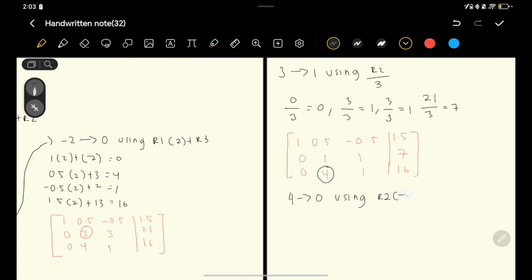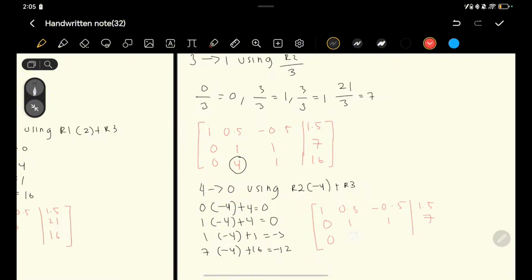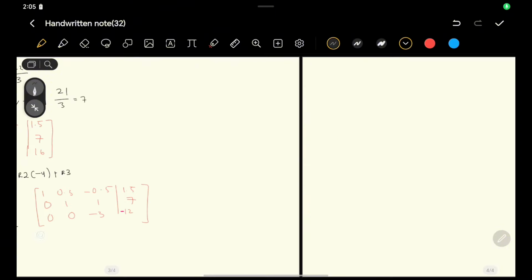Now we wanted to change 4 in row 3 into 0 by using R2 times by -4 plus R3. Transfer the new value of row 3 into the matrix.